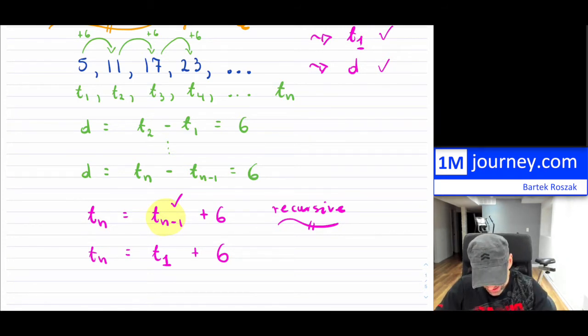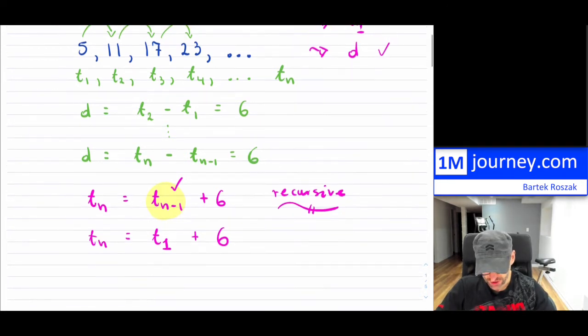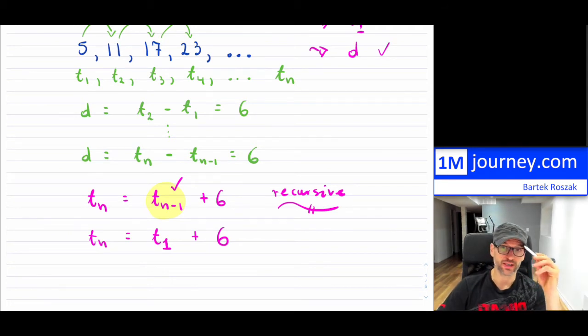Now, if I wanted to know the second term, I would have just taken that 6 and added it to the first one. If I wanted to know my third term, and I had my first term, then it would have been 6 plus another 6.